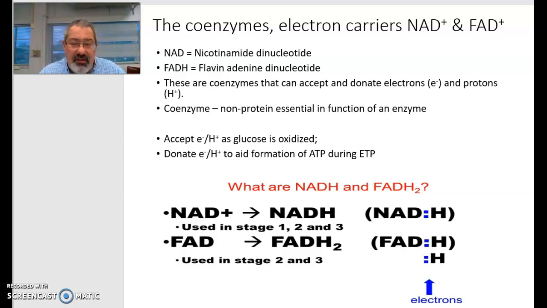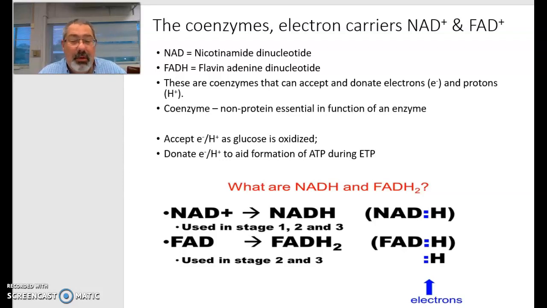Hydrogen atoms do not just float about in the cytoplasm. They are picked up by organic molecules. They're actually called nucleotides, and they're also called coenzymes because they can help a protein enzyme actually function. So the 2 electron carriers in respiration are called NAD and FADH.